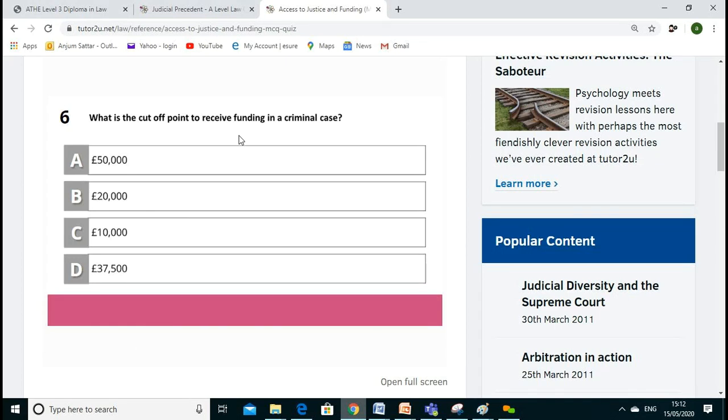Okay, what is the cutoff point for receiving funding in criminal matters? Is there any limit? No idea. 20,000?